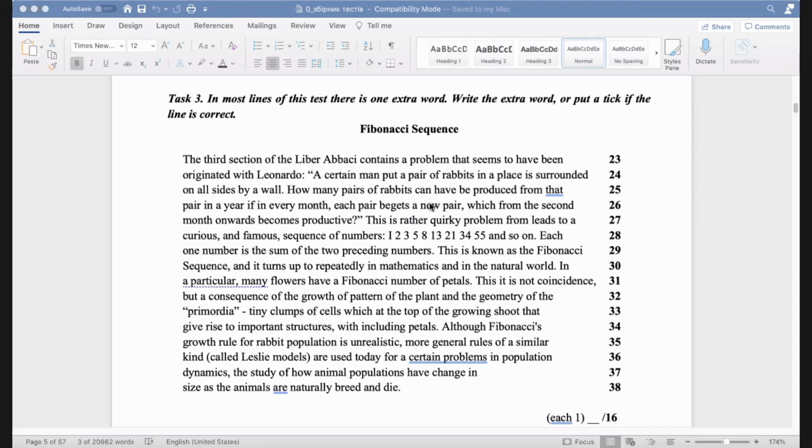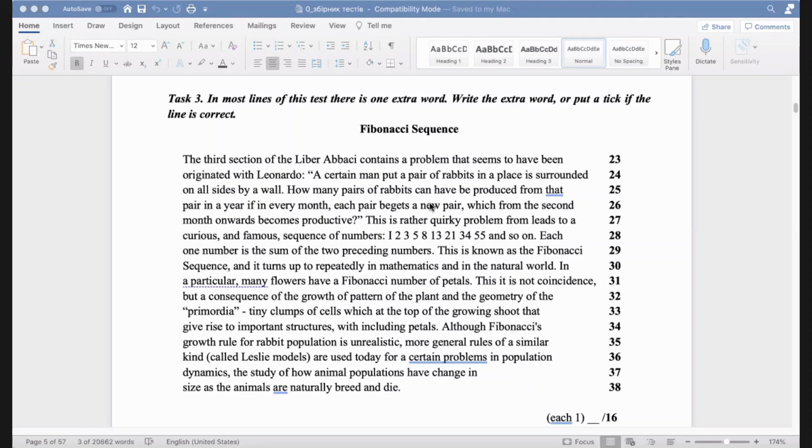Right. Great. Pair in a year, if in every month each pair begets a new pair, which from the second month onwards becomes productive. If every month, in is an extra word. Yes, right here. If every month. Great.